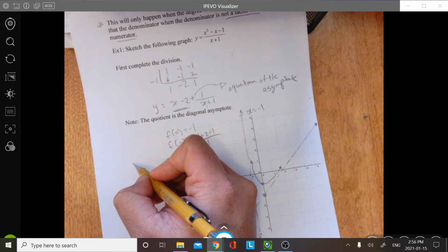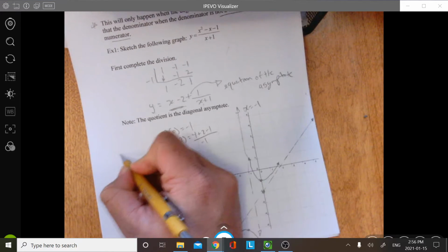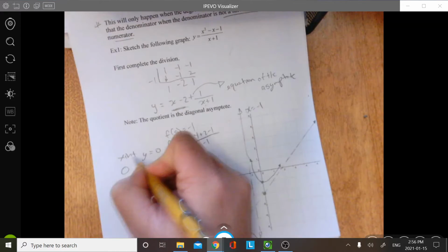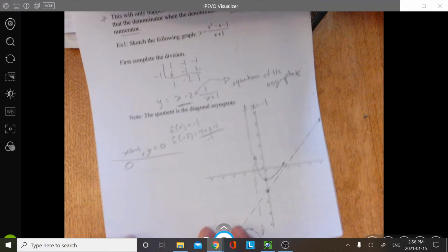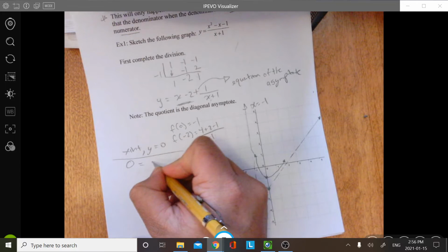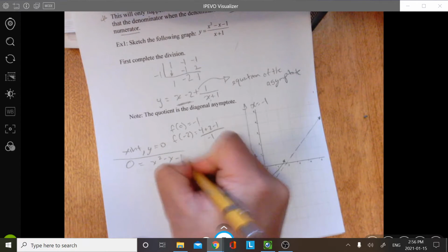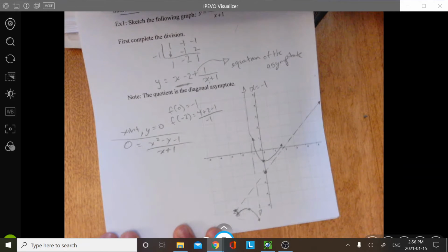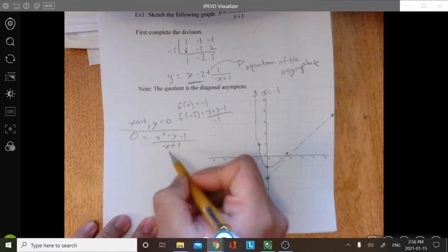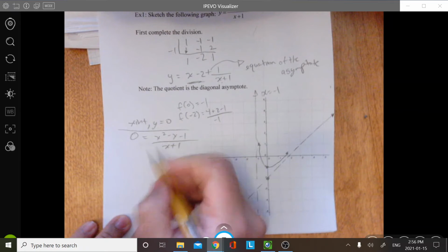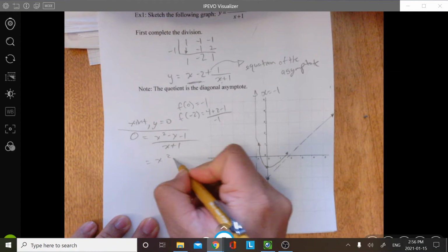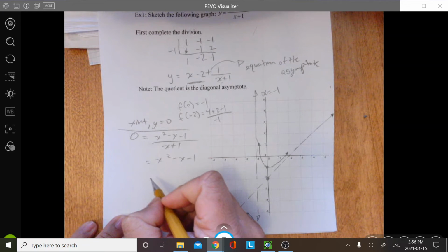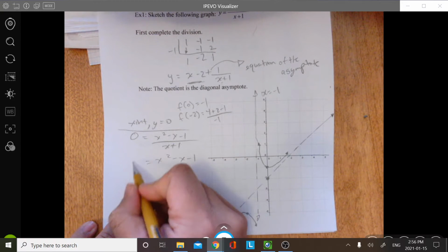So again, our x-int is when y equals 0. So you would get 0 equals x squared minus x minus 1 over x plus 1. And just like in previous examples, when you cross multiply, the denominator just disappears. So we're really only concerned about this numerator and when it's equal to 0.